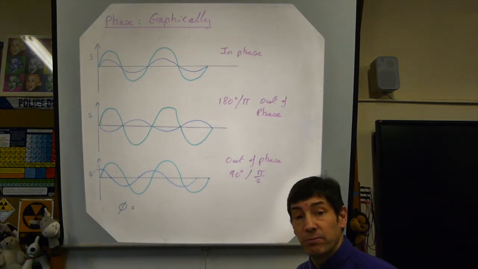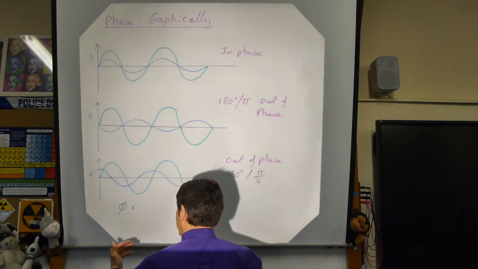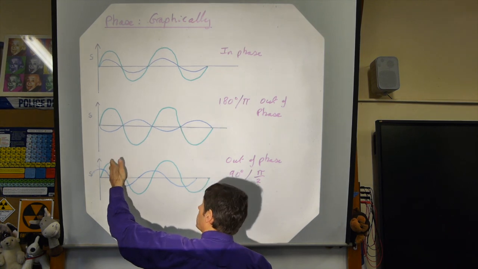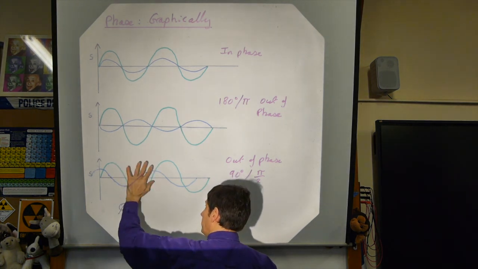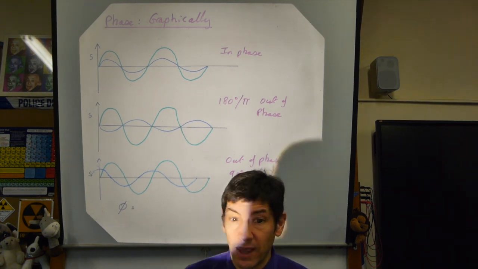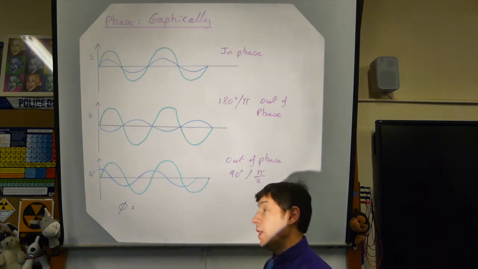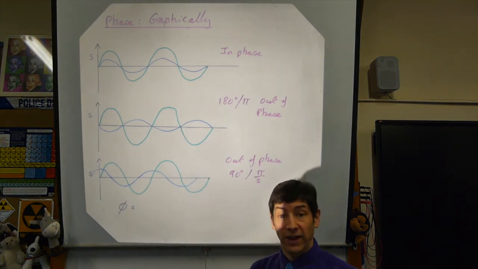Look at the length between peaks, okay? And if you think about it, okay, if there's a distance between the first wave and the second one, how they're produced, of one wavelength, well, they're in phase, okay? If it's a distance between the peaks of half a wavelength, they're out of phase, yeah?